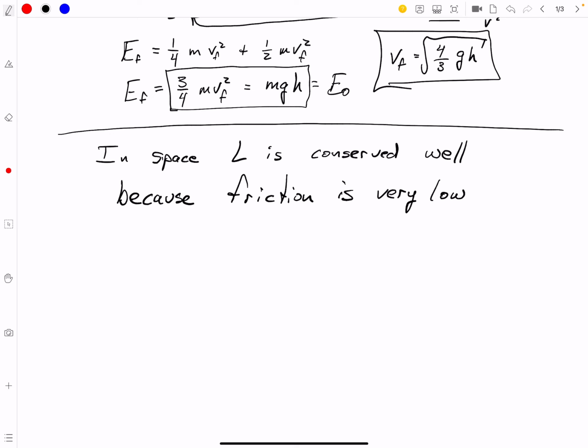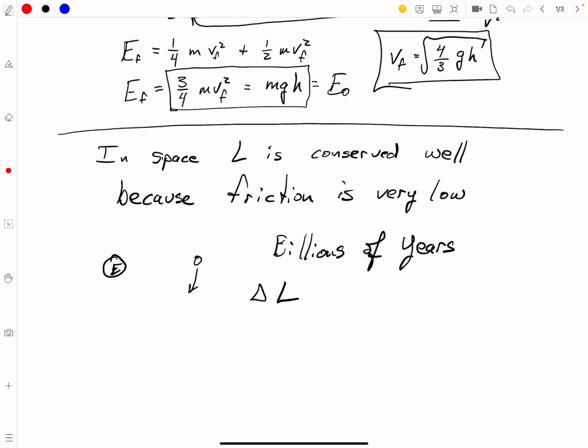Not a lot of friction means that if you have an Earth-Moon system where the moon is going around the Earth, that will go on for billions of years, and hardly any change.